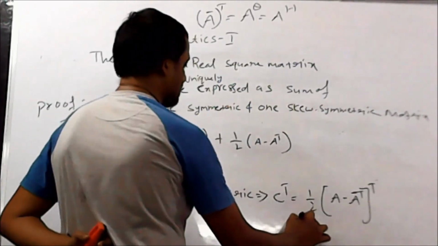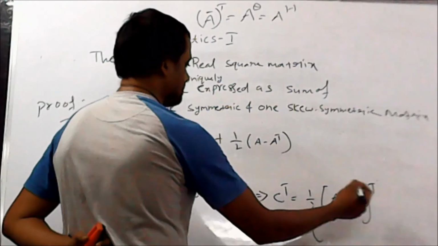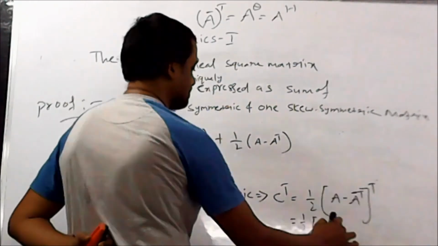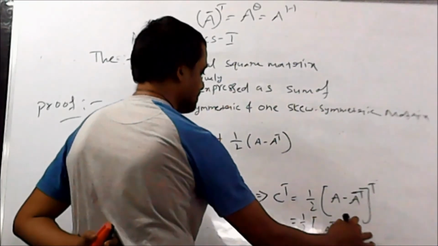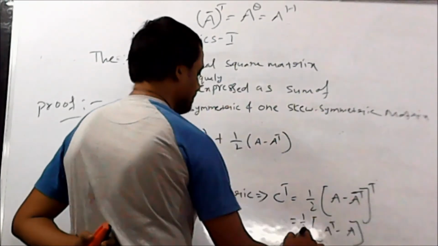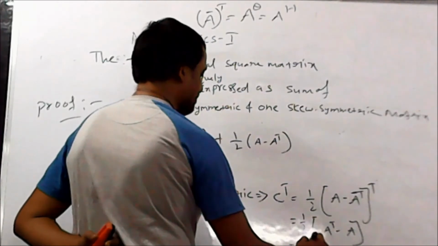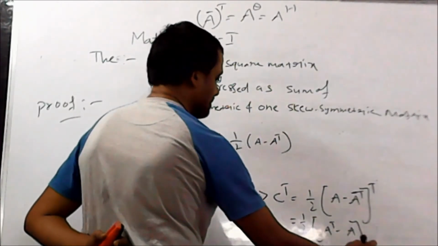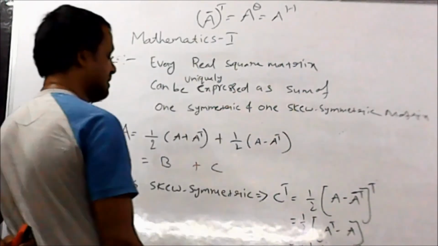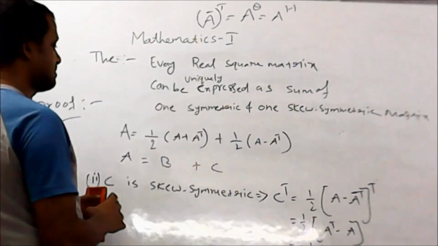So 1/2 is constant. Like (A plus B) whole transpose, (A minus B) whole transpose equals A transpose minus B transpose. A transpose minus (A transpose) whole transpose will become A. If you take minus outside, it will become 1/2 (A minus A transpose), nothing but minus of C. We are getting minus of C. So C is skew symmetric.